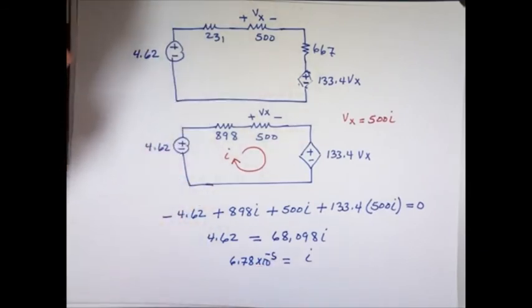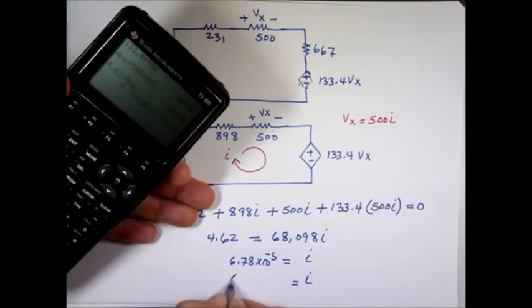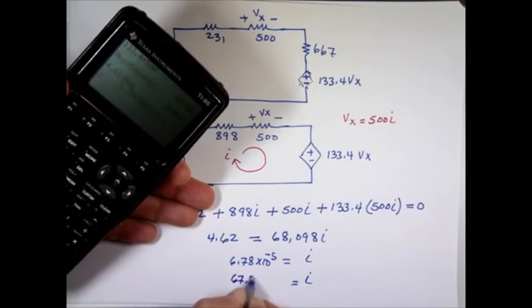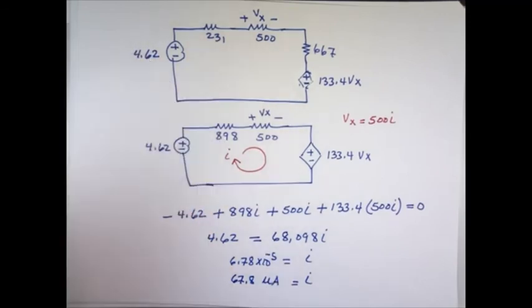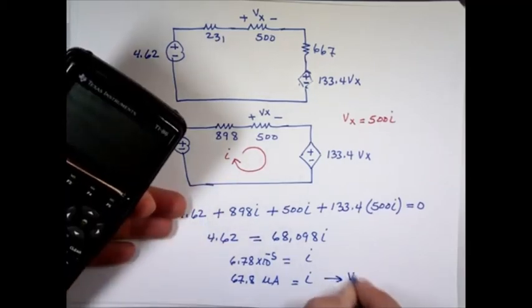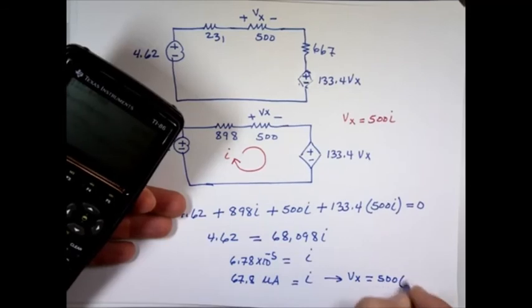Actually 67, right? Not 60. So that would be 67.8 times 10 to the minus 6. That's microamps. Yeah, it's going to be a tiny voltage. So what's Vx? 500 times 67.8 micro.